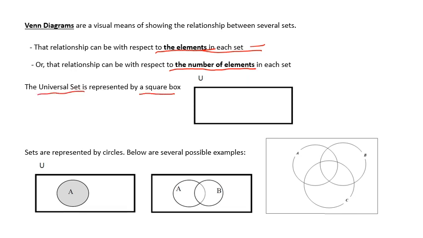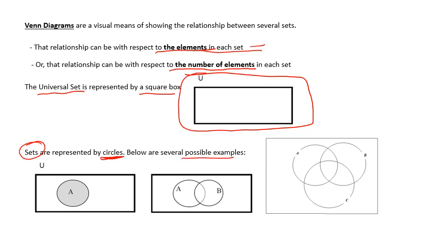So the world is contained in this square box because that's the universal set. Now the individual sets that we are referring to in a problem will be represented by circles. So I'm going to give you several possible examples below here. I'm going to talk about them a little bit.